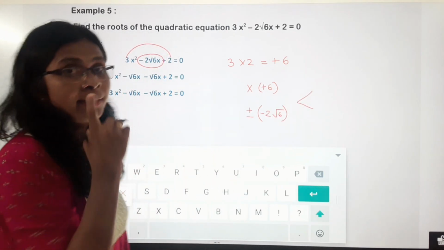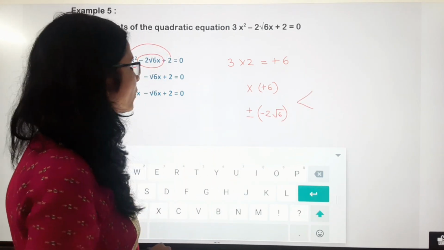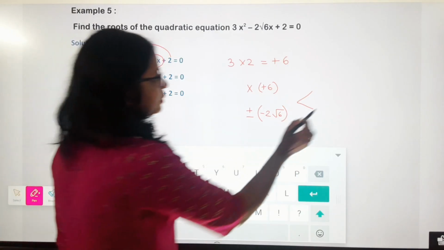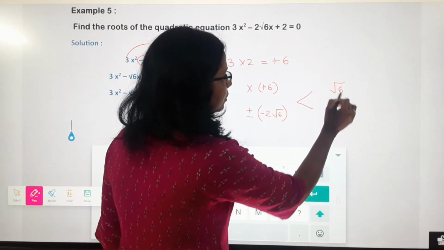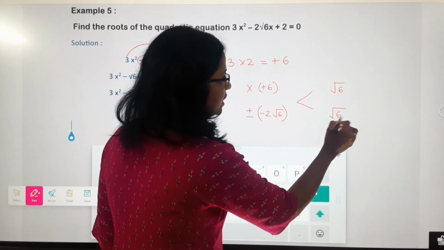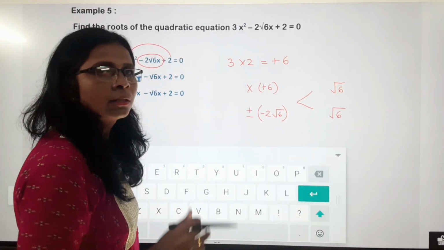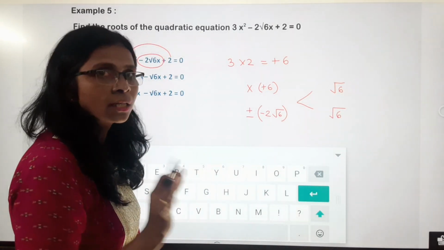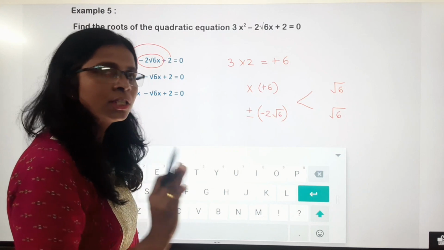So now find such two numbers. Such two numbers are root 6 and root 6, because root 6 multiply root 6 is 6.